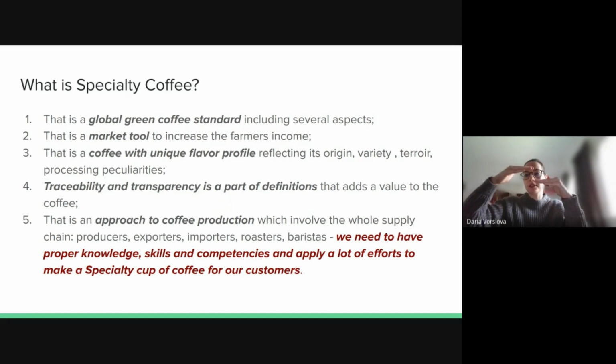So again, the difference between high-quality commercial coffee and specialty coffee is super faded, so how can we now differentiate commercial coffee and specialty coffee?